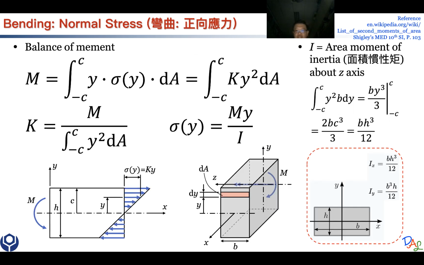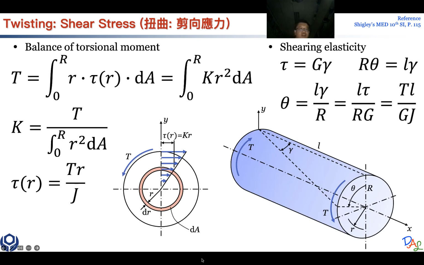Here this is Ix, or sometimes people call it Ixx. This is Iy. So J is Iz, the area moment of inertia about the z-axis, and sometimes people just call it J. Okay, and J equals Ix plus Iy. You can Google it or check your textbook.